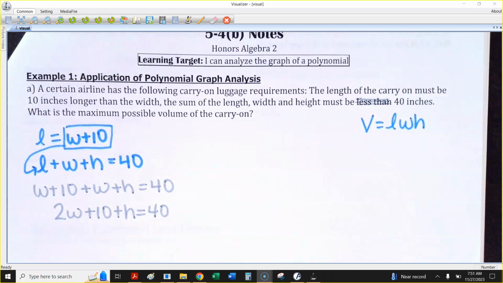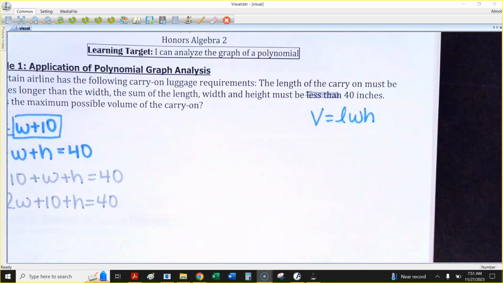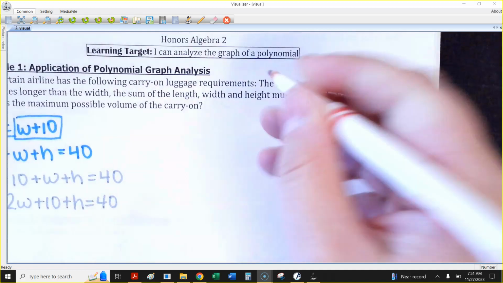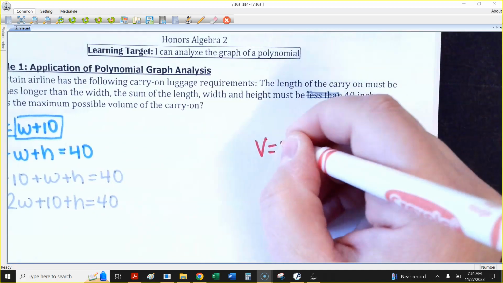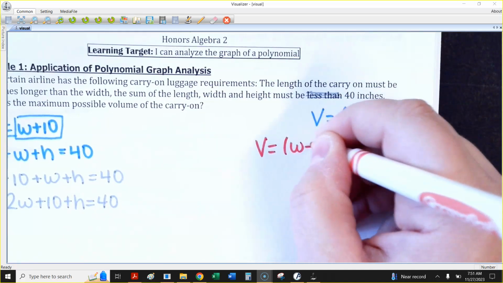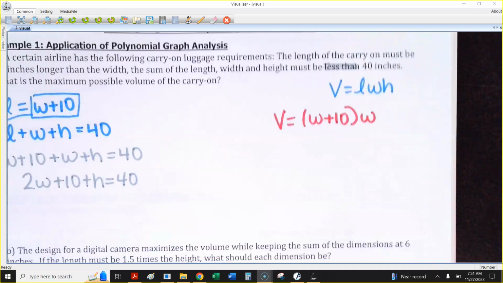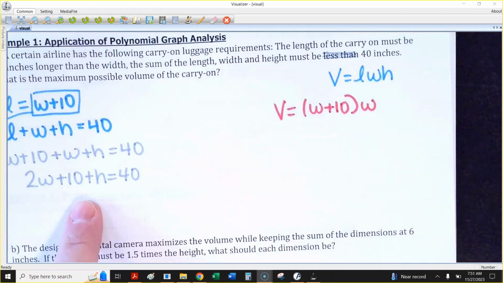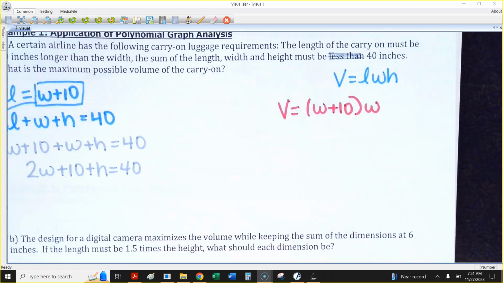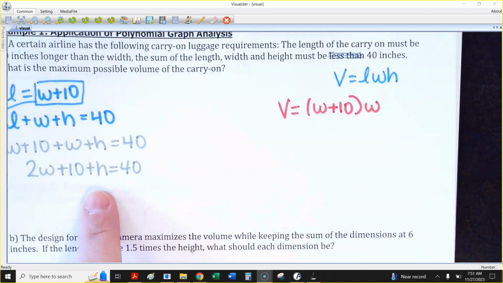Okay, if I'm going to try to make this volume formula something that only has just volume and one other variable, let me go through here. I could do volume. The length is the width plus 10, right? The width, that's the same variable, I'm just going to keep that W. Okay, how would you use what we have over here to maybe rewrite the height?